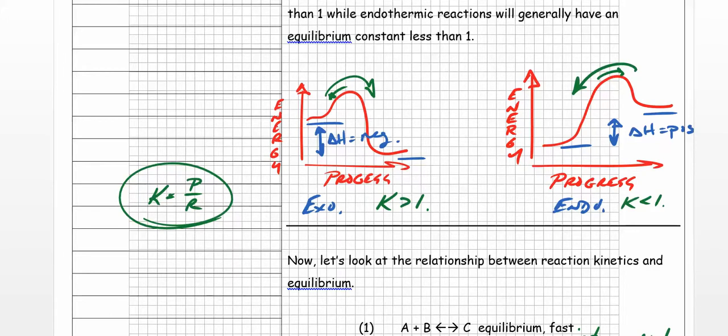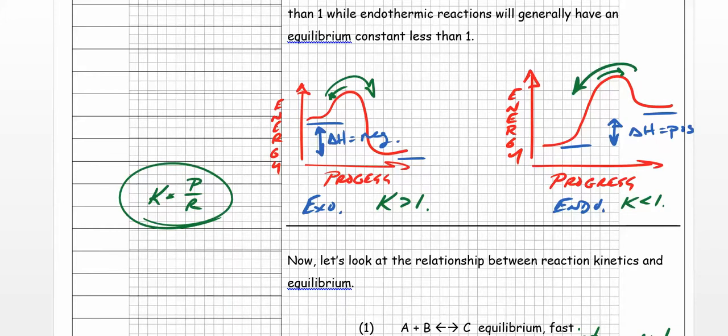Now, that having been said, how does that relate to the equilibrium constant? Well, remember that the equilibrium constant is products over reactants. So if the forward reaction is favored, that means that generally speaking, K is going to be greater than 1. K is going to be bigger than 1 for an exothermic reaction. Now let's look at an endothermic reaction.